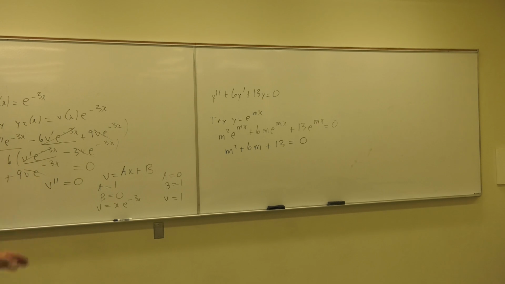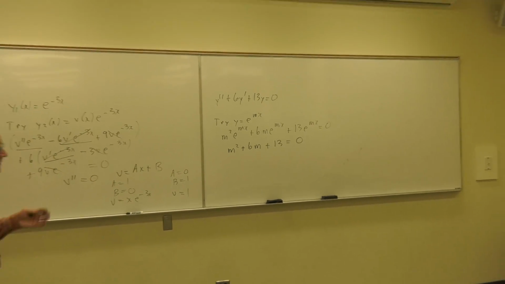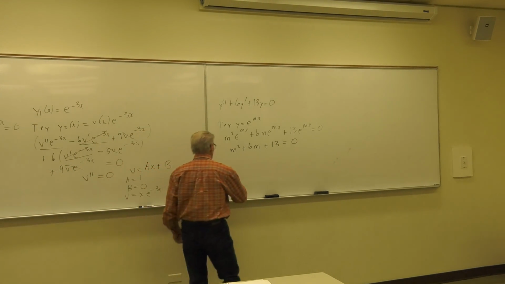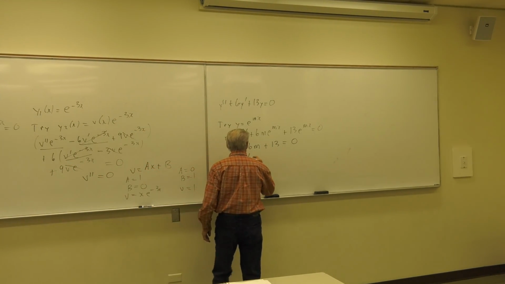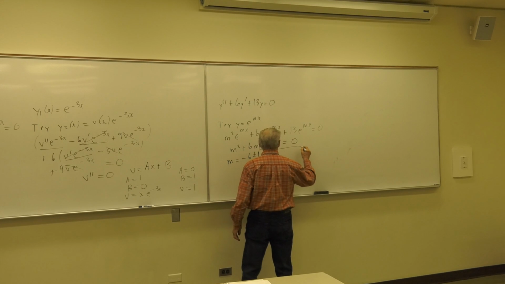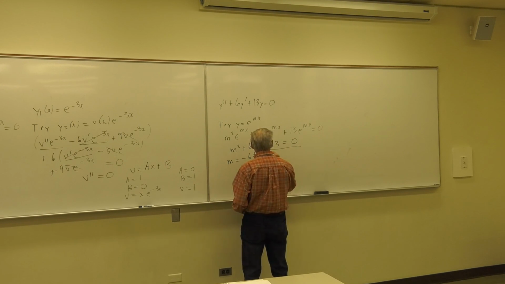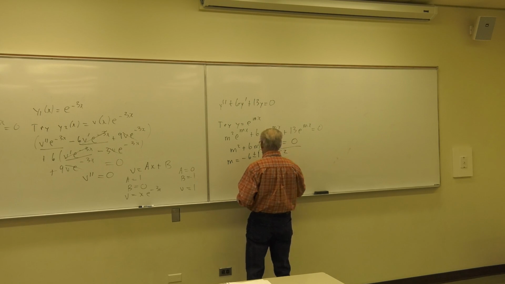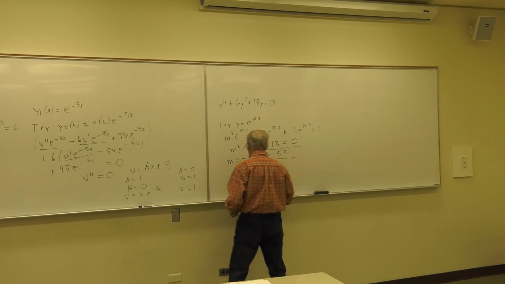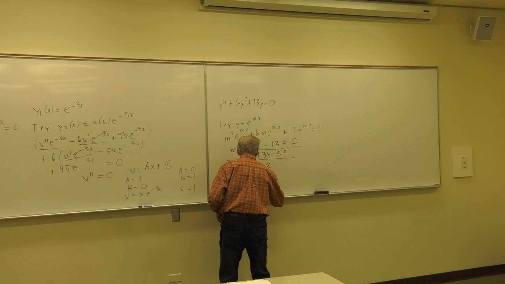But it doesn't factor. So I have to pull out my quadratic formula. Minus b, plus or minus, square root, b squared, 36, minus 4ac, 52, all over 2a, 2. Minus 3, plus or minus.